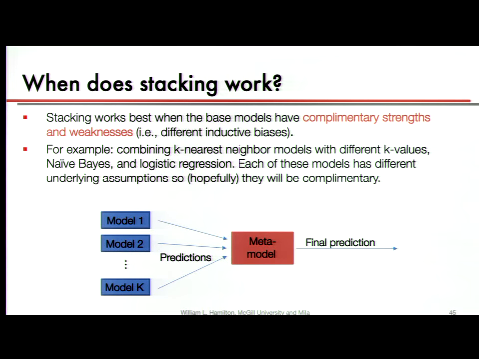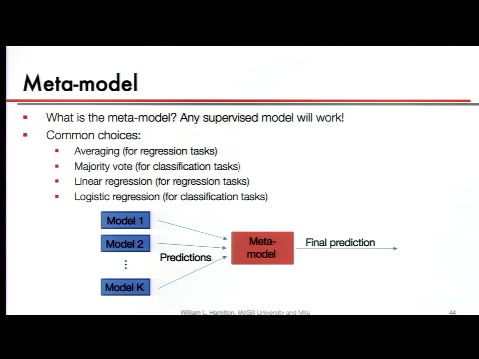That is why you might want to actually learn the meta model rather than just having the meta model be, say, averaging. You can include, say, interaction terms as well, rather than just using the raw features of the scores output by all of the base models. You could use higher order features that say, well, I know that when naive Bayes says it's true, but then when SVM says it's false, that generally we should say it's true, and things like that.